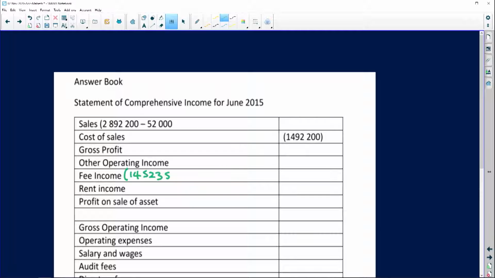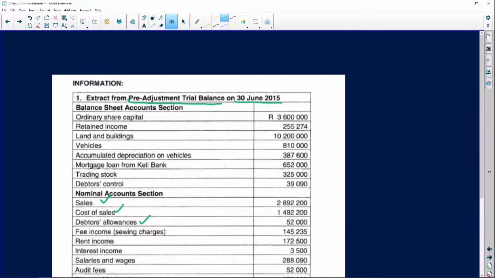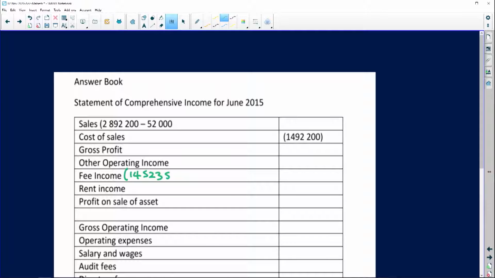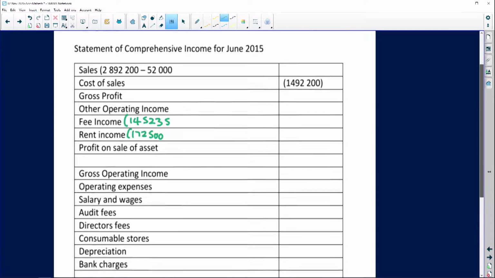Right, the next amount, rent income. So if we go to rent income, 172,500. So let's just bring that down as well in our income statement. So in brackets, an amount of 172,500. Right, profit and sale of asset, we'll obviously come to that later on.